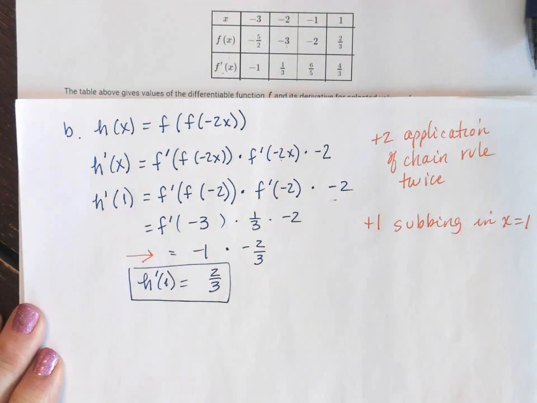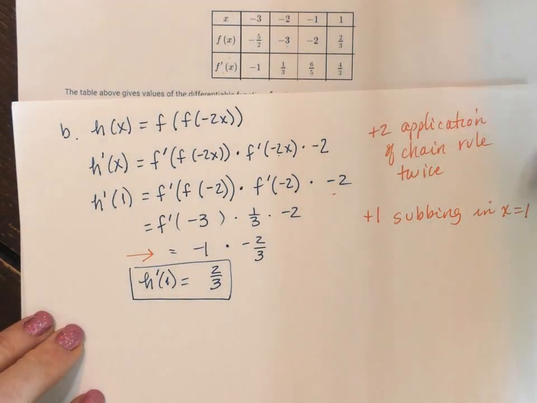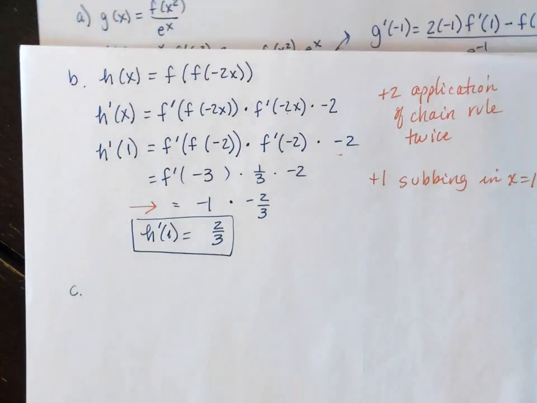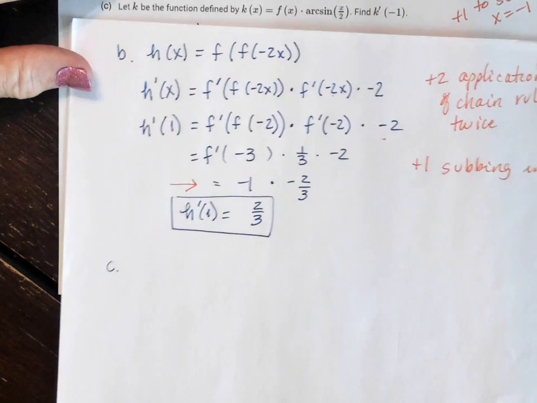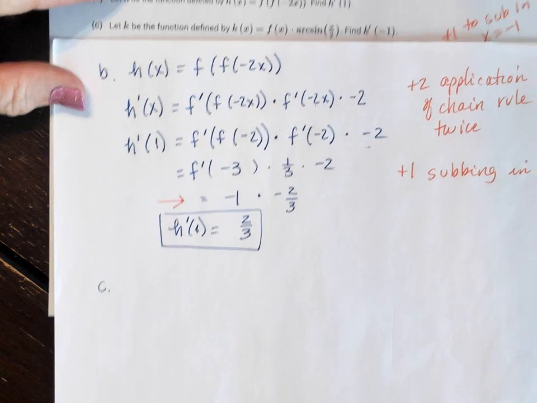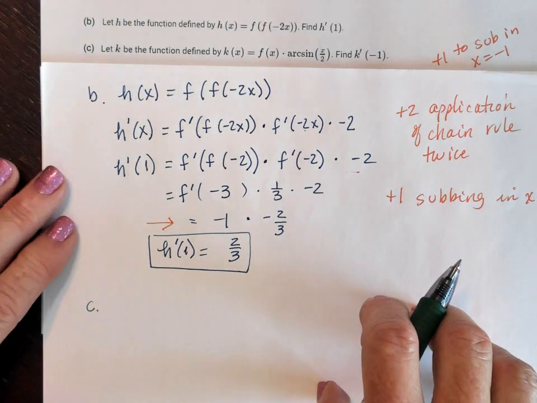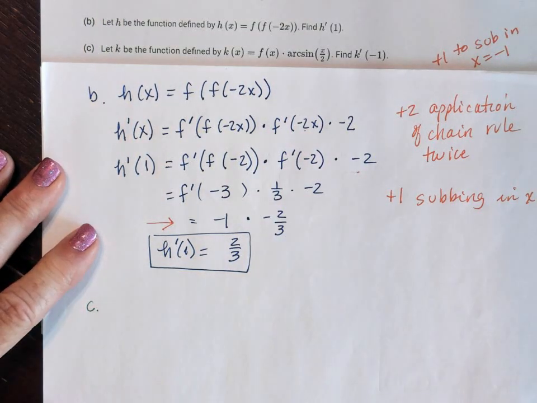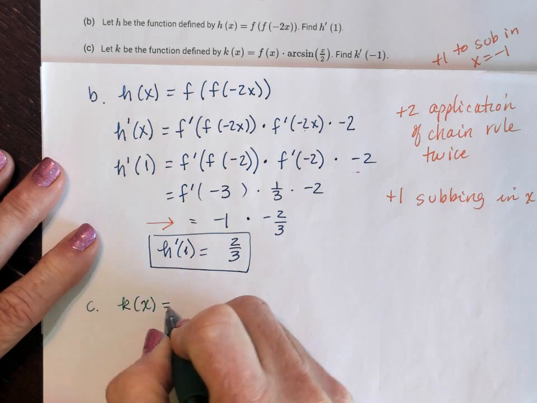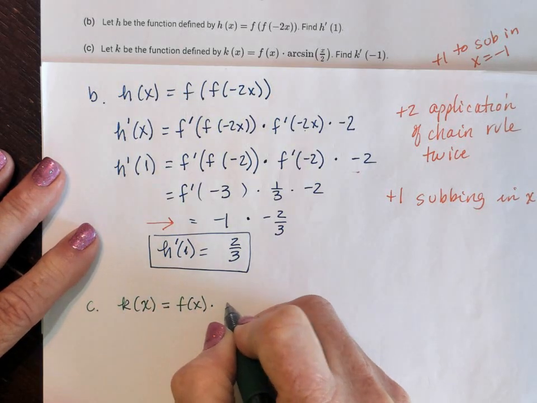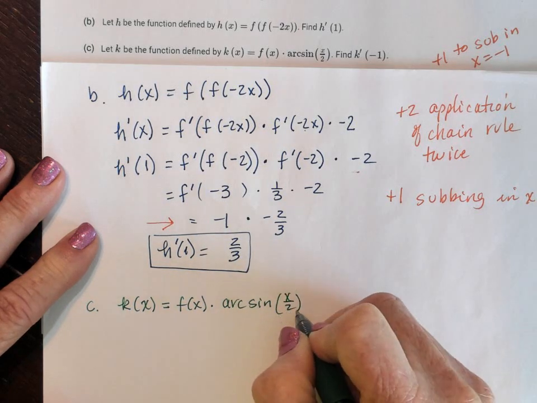All right, part C. Part C says, let K be the function defined by that mess. Find K prime of negative 1. So this problem is a lot of derivatives and chain rule and etc. So K of x is equal to f of x times arc sine of x over 2.